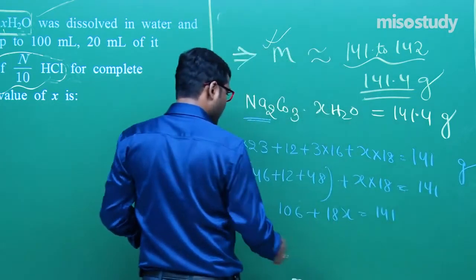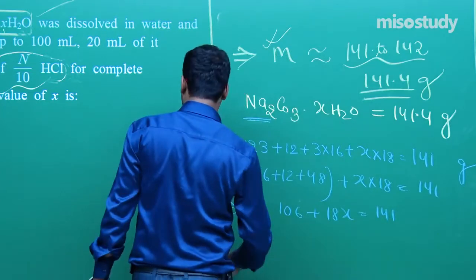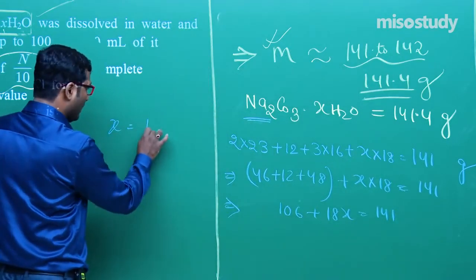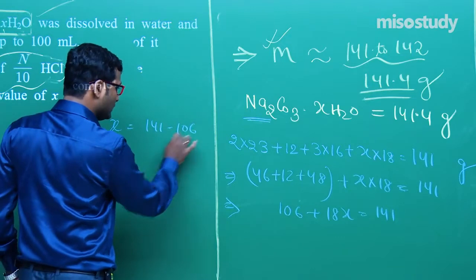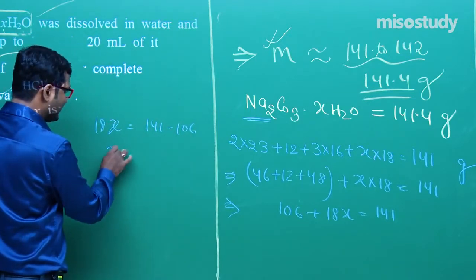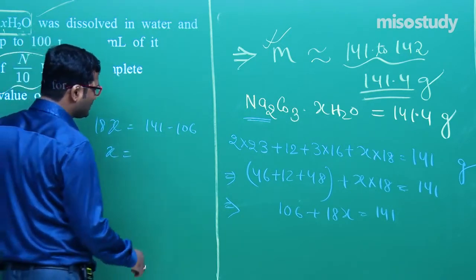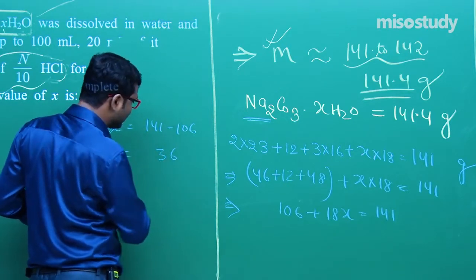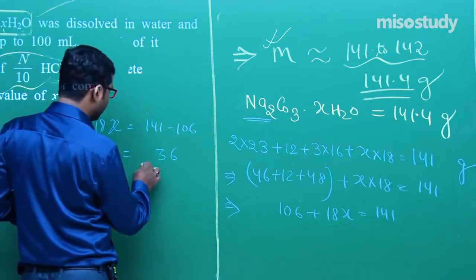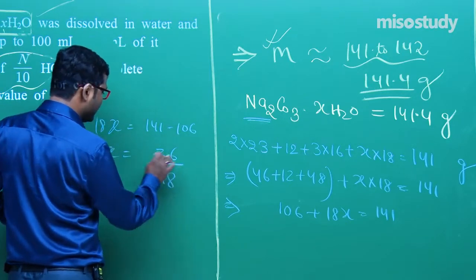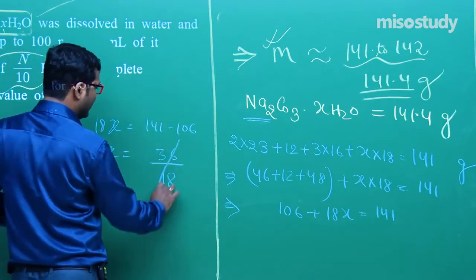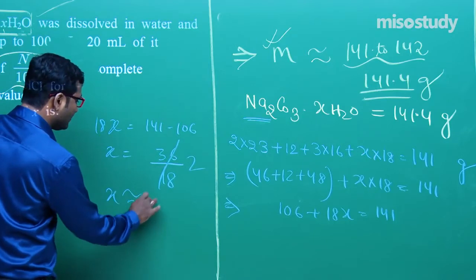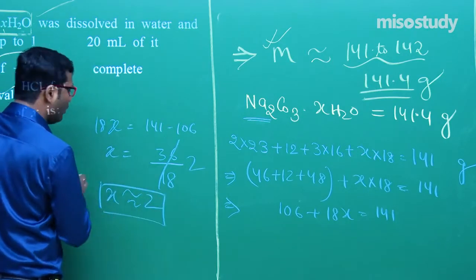Now X is equal to 141 minus 106 upon 18. 141 minus 106 is almost 36, and x is equal to 36 upon 18, that is around 2.